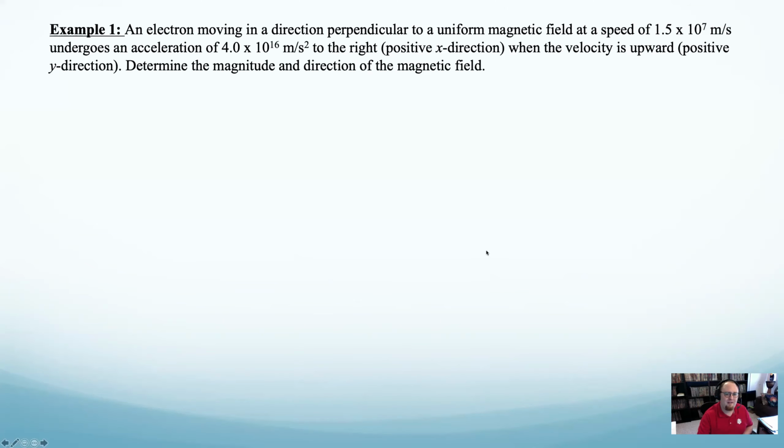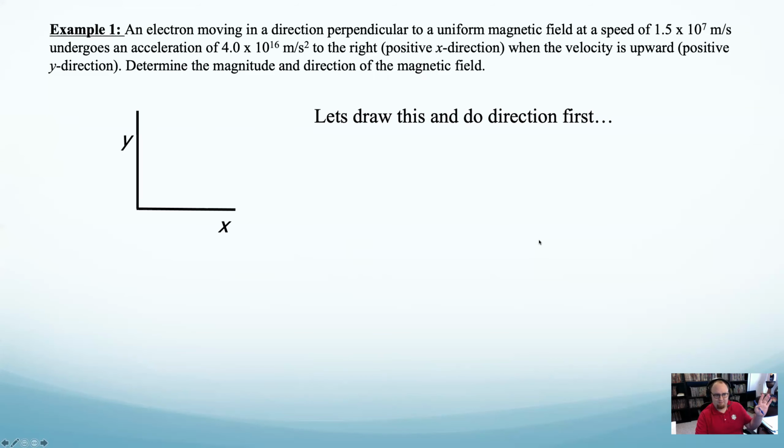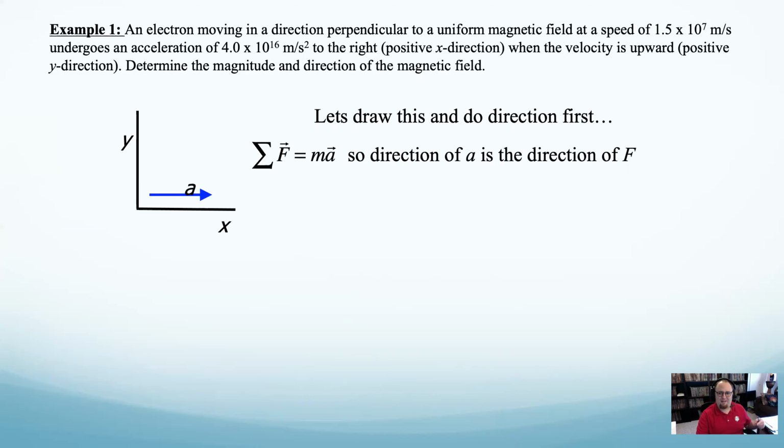Find the magnitude and direction of the magnetic field. So I'm going to draw this. This thing is accelerating to the right, and we know F equals ma. So if it's accelerating to the right, that's the direction of F, and it has a force that way when it moves up.